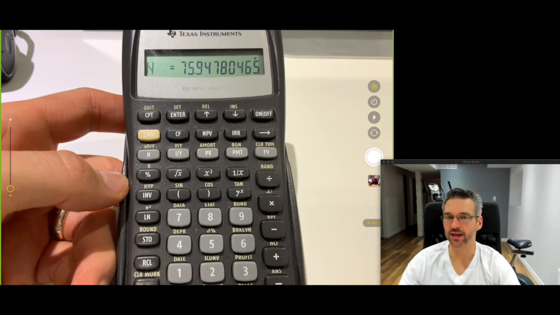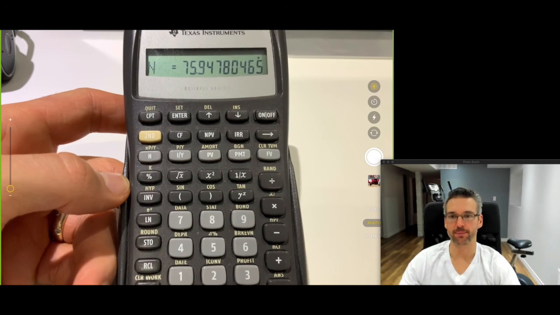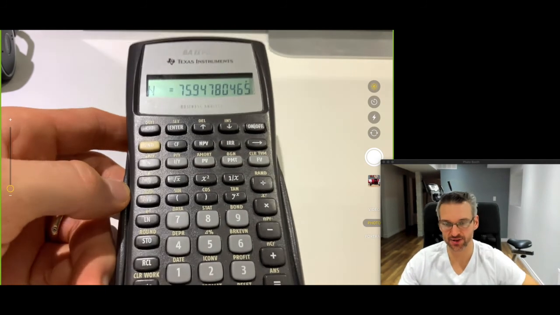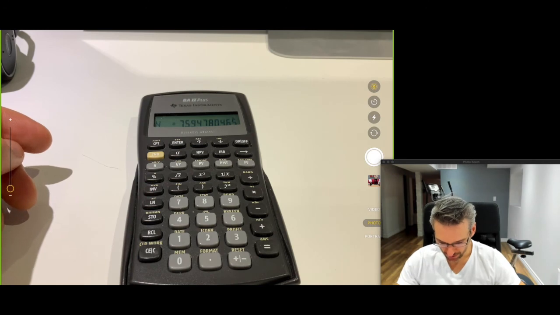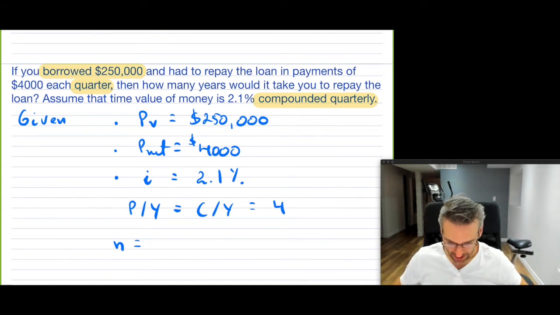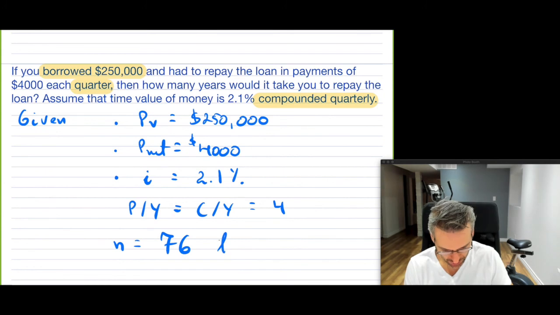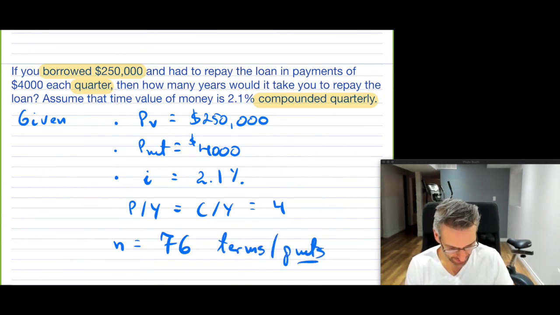Because it's the number of payments, we will always be rounding up. So this would be 76. So we can put that in here. Let me go back. All right, so the number of terms would have been 76 terms or payments that you would have had.